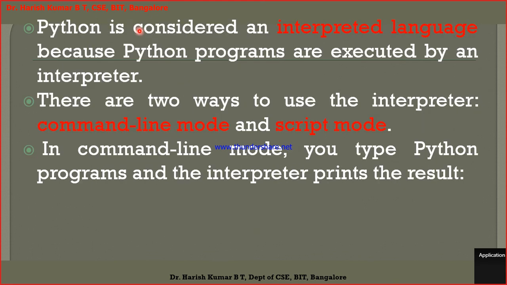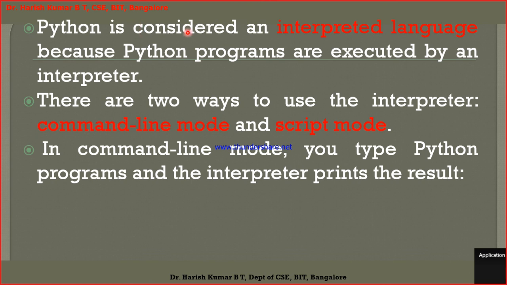So you understood high-level language and low-level language, the advantages and disadvantages of each, and how you process a high-level language into low-level language: either you use the compiler or the interpreter.